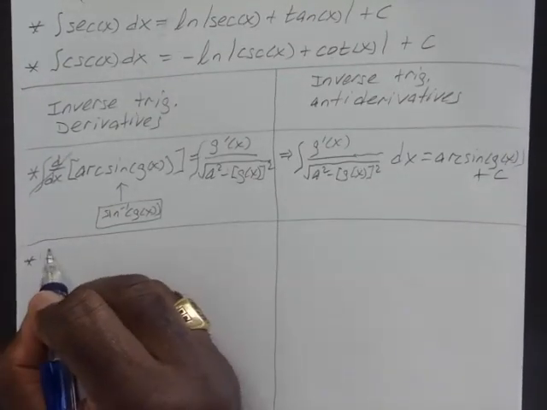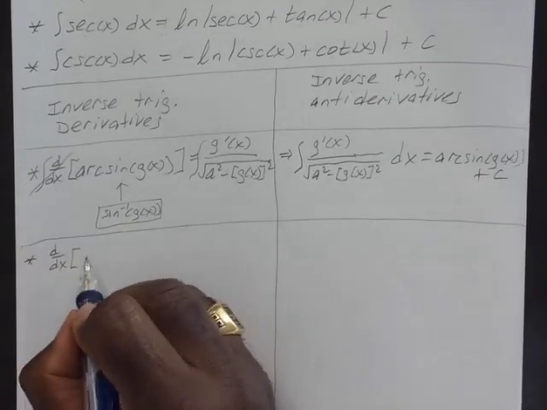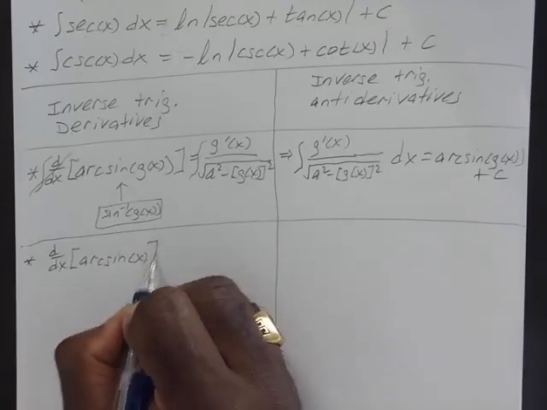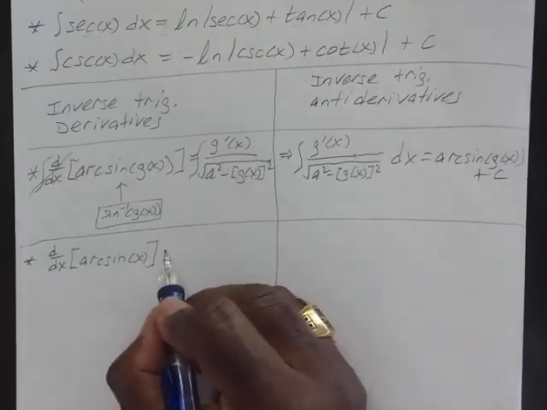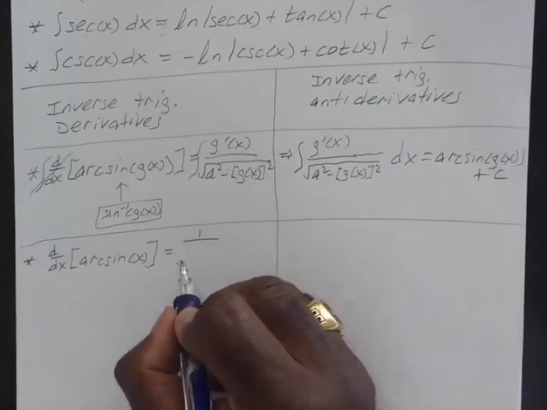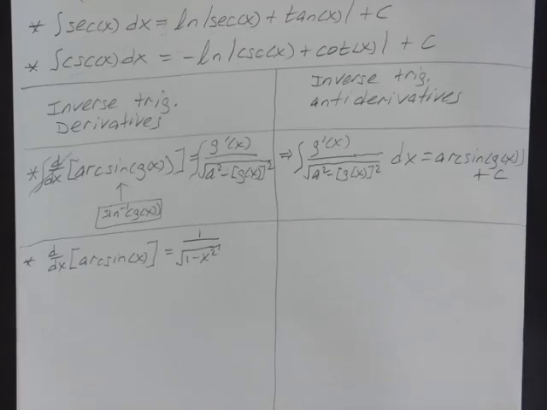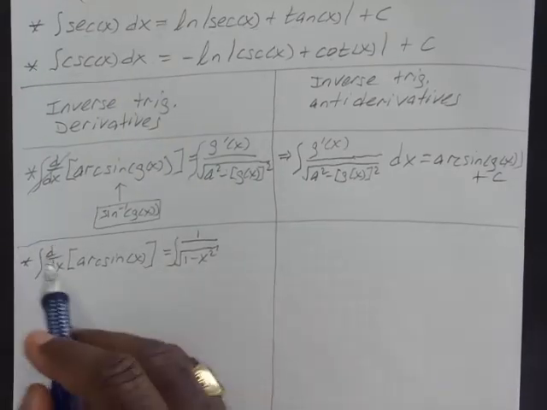And the same thing for the derivative with respect to x of just arcsine of x. We know that derivative is equal to 1 divided by the square root of 1 minus x squared. So we took the antiderivative of both sides.